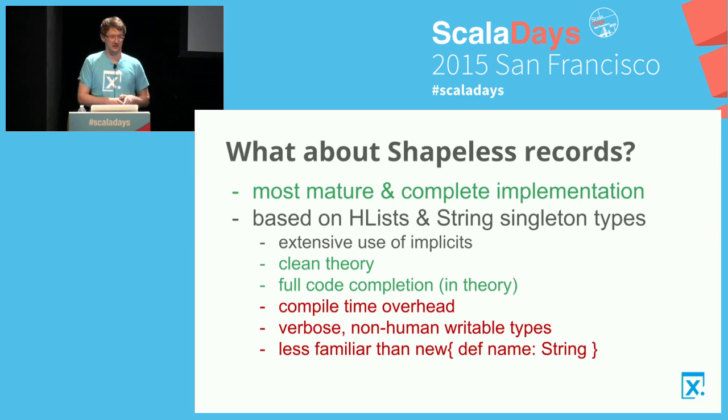There is, however, a compile time overhead which you can't get away from, because these implicits rely on the implicit search and implicit resolution of the compiler, and there's nothing the library can do about how fast that works. Also, the types of Shapeless records are not human writable, if I'm not mistaken, and there are some ways to get them, but there's some trickery involved. Also, Scala has a record syntax and structural types, so you could use them. I'm sure Miles has some comments about that later.